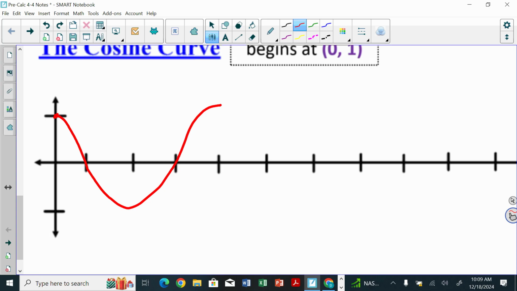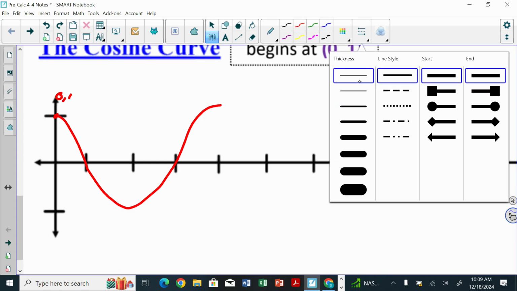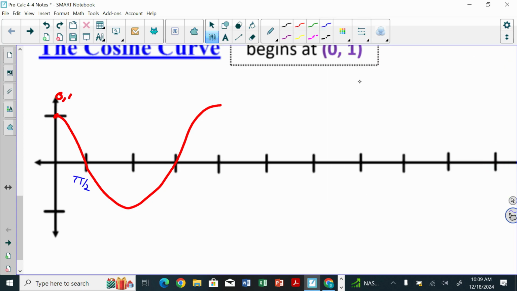So I'll stop right there just to show it. So we started here at 0, 1. And then again, at pi over 2, which is 90 degrees, right? This is pi, or 180 degrees. This is 270, and this is 360, or 2 pi. Okay, so think about where we're at now, right?